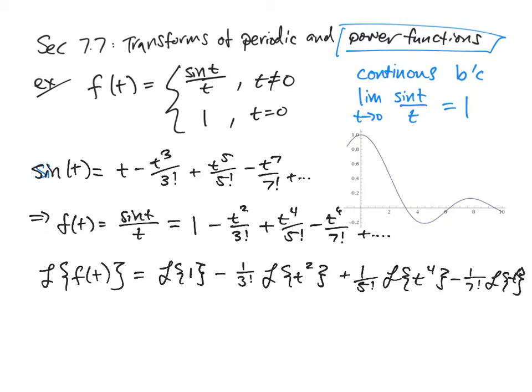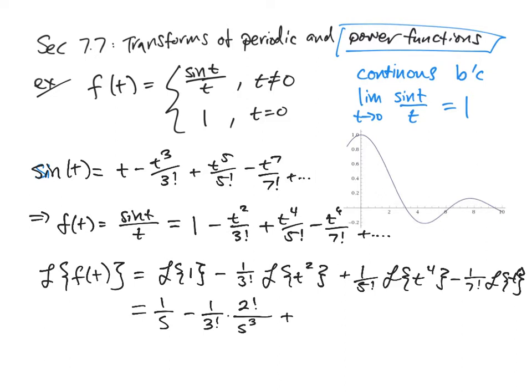And these are all things that we can look up. In fact, for the powers of t we have a nice formula. For 1, we get 1 over s. And for t to the n, the Laplace transform is n factorial over s to the n plus 1. So for the next term, we get minus 1 over 3 factorial times 2 factorial over s cubed, and so forth.